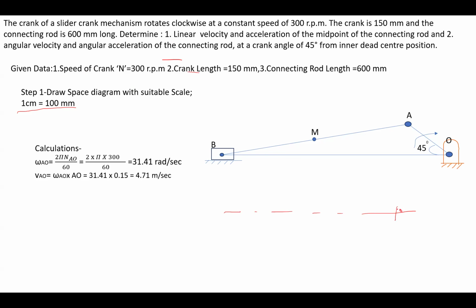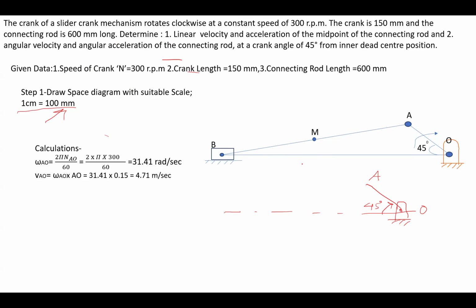Then we have located the O point, which is the fixed one. We have measured the angle of 45 degree in the clockwise direction. Drawn this line OA of 150 mm with the scale of 1 centimeter equal to 100 mm.